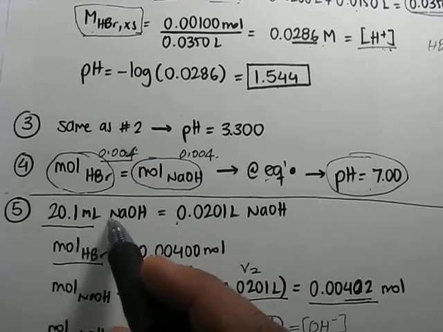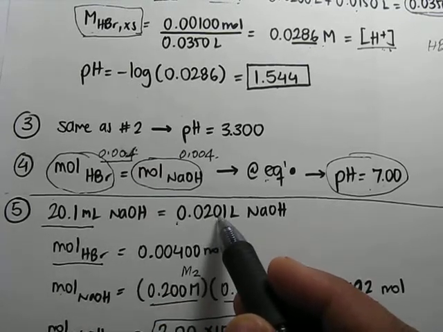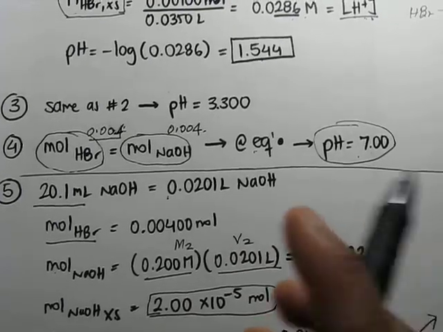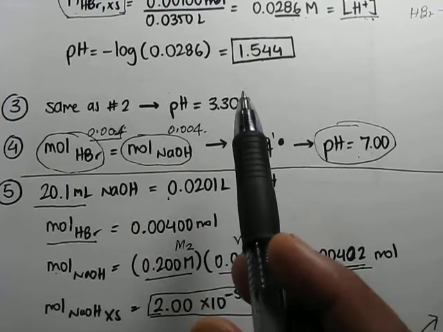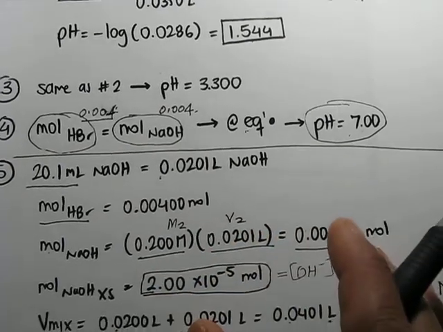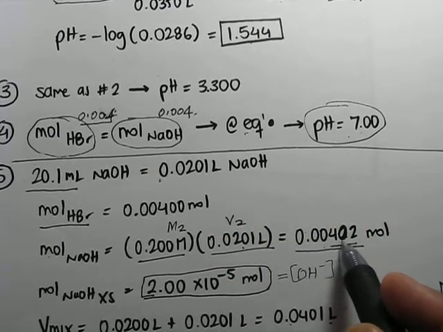So 20.1 ml NaOH means 0.0201 liter of NaOH, and the moles of HBr we have already calculated above, and the moles of NaOH will be molarity multiplied by volume, 0.0402 moles.